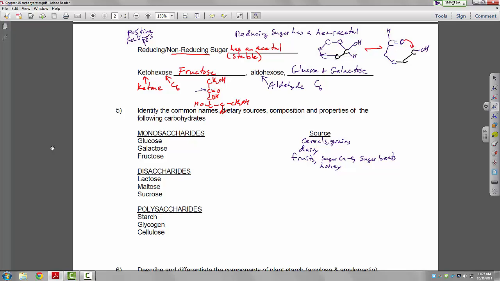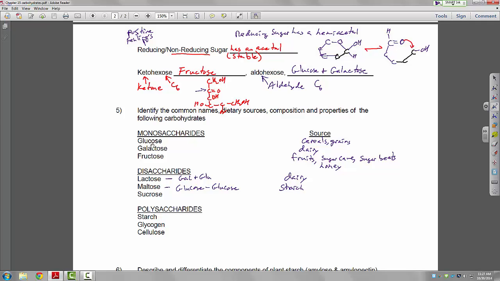all contain fructose. The disaccharides, lactose, is composed of galactose and glucose, and of course it is from dairy products. Maltose is only glucose linked to glucose, and so it comes from starch, which is our grains and cereals.